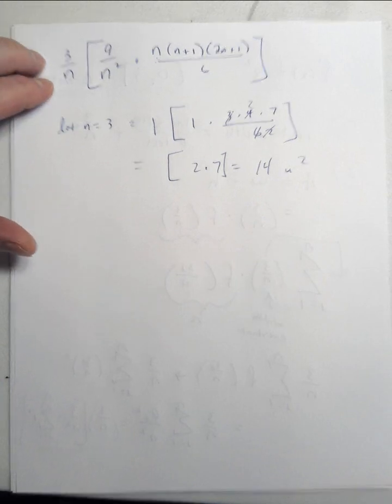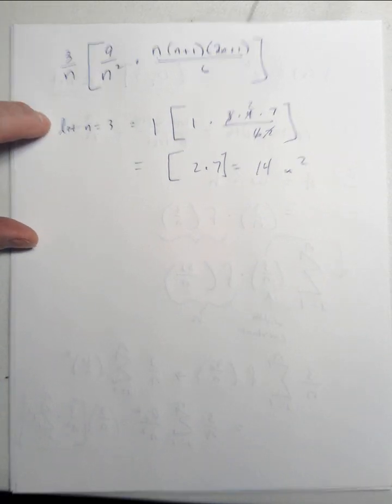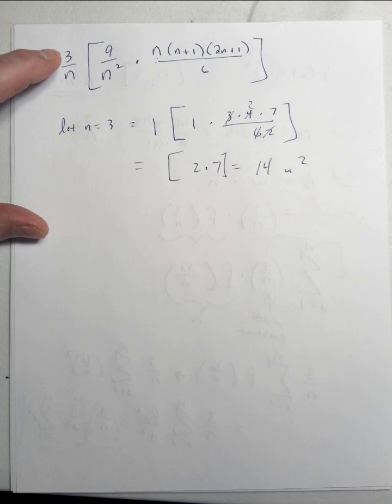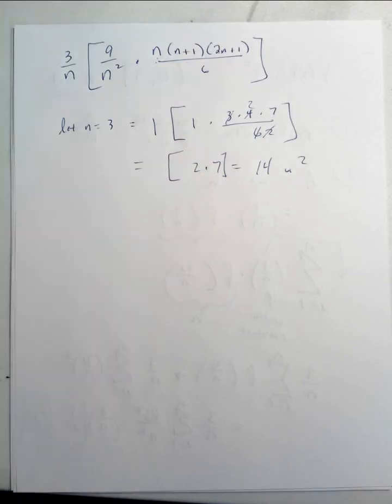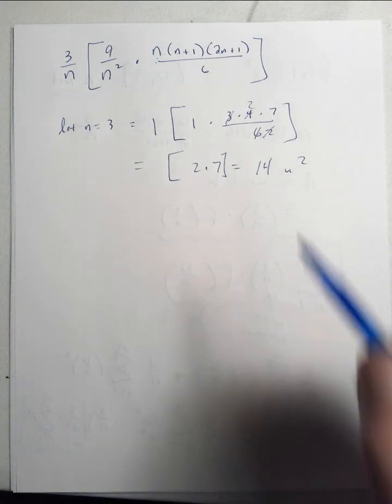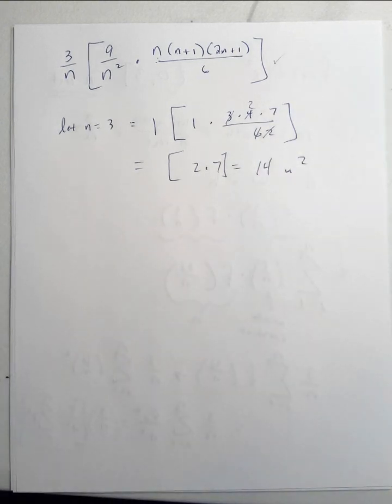Right, so this particular formula worked when n was 3. If I plug in 6 for n, it will tell me what the area is of those 6 rectangles. So my summation is adding up all the rectangles, right? So this is a general form.